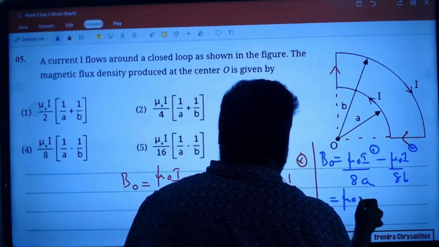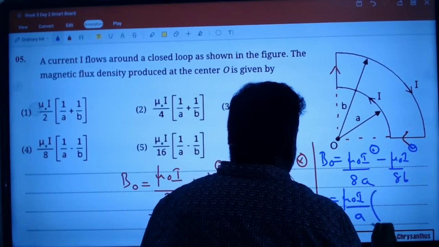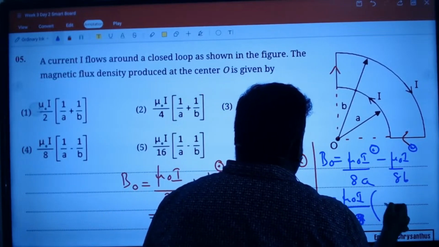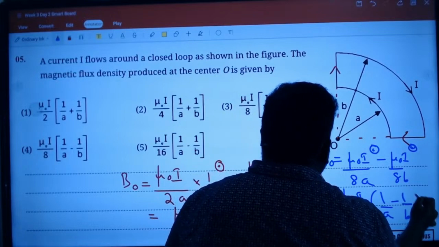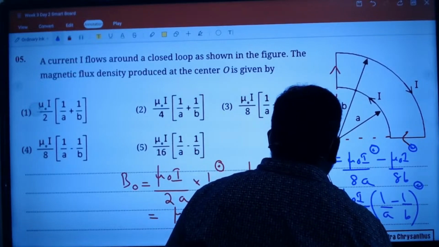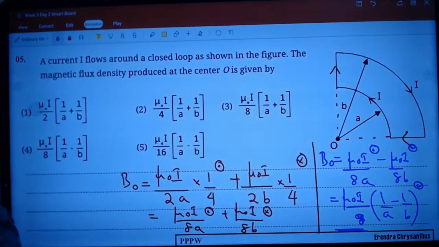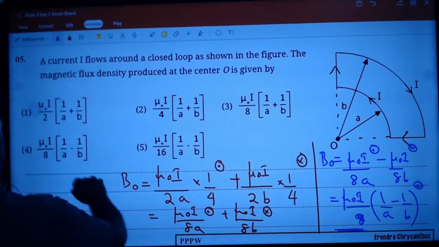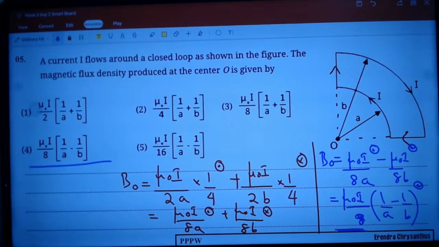Simplified, mu naught I divided by 8, times 1 over A minus 1 over B, outwards. So where is your relationship there? Here you go: mu naught I over 8, 1 over A minus 1 over B.